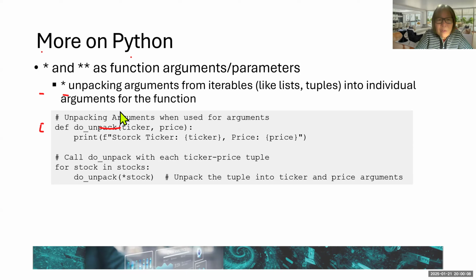It's just output. Then over here we have a for loop. That stock, if you remember, is a list. And then we have Google, and it's 172 something. We have another, Tesla, etc. So you have two items.